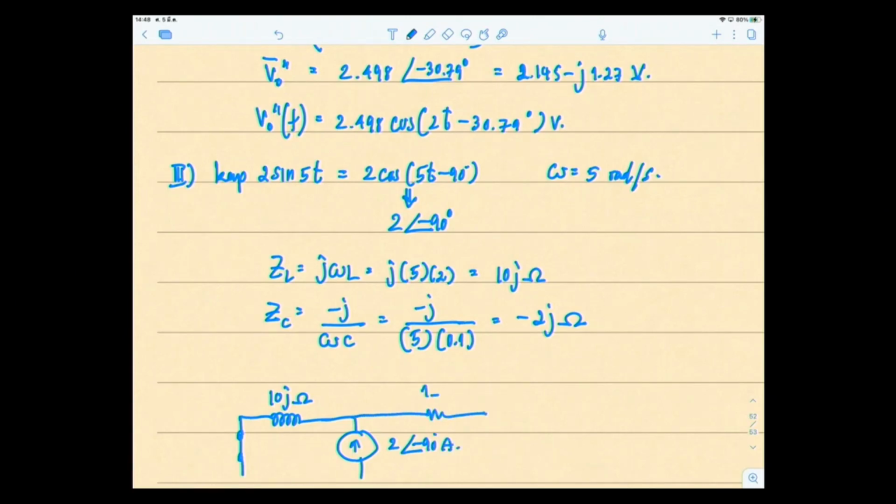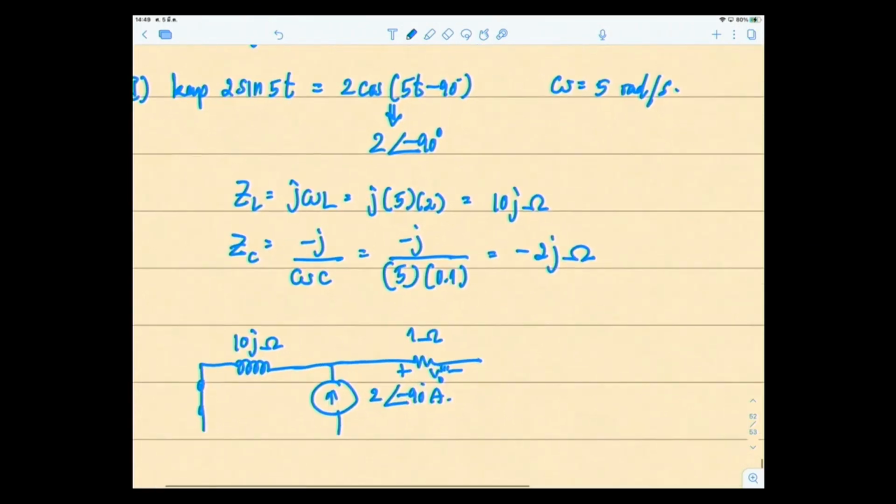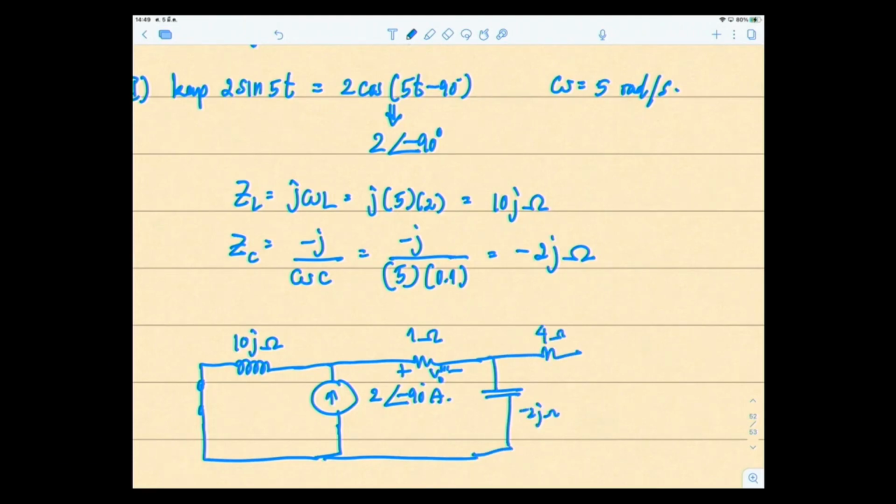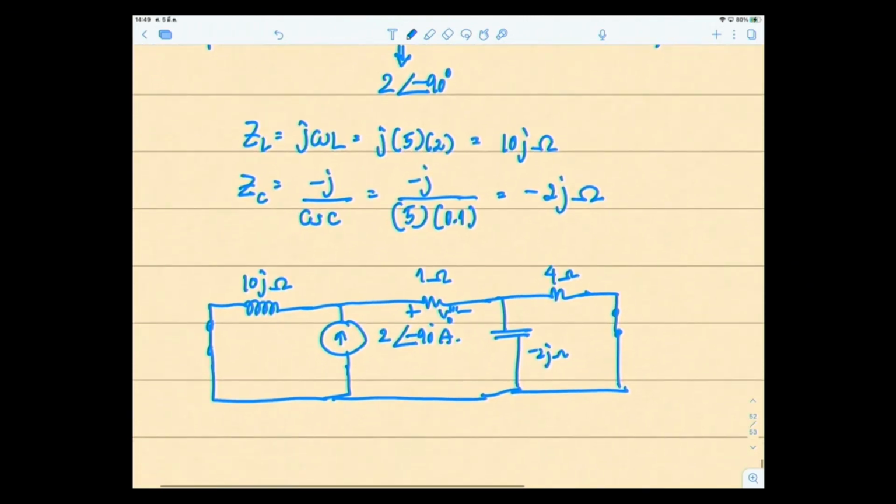This is your 1 ohm, and you want to find V out triple prime. Your capacitor is minus 2j ohms. You have 4 ohms here, and you short your 5 volt DC. This is the circuit that you have to analyze.